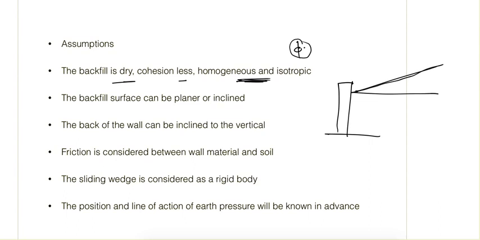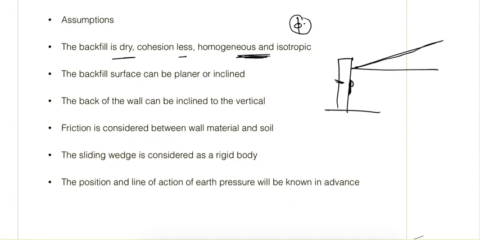Friction is considered between wall and the soil material. So between this wall and soil there will be some friction, and that is considered in this theory. The sliding wedge is considered as a rigid body, not in the plastic state.